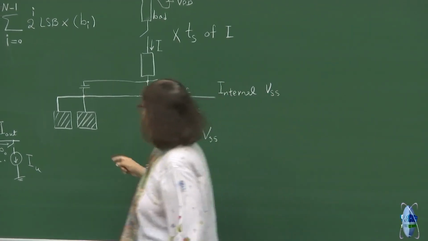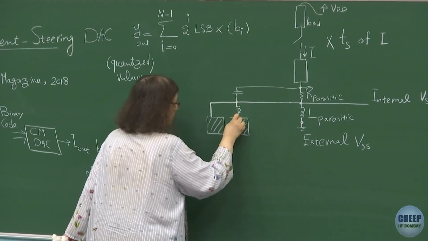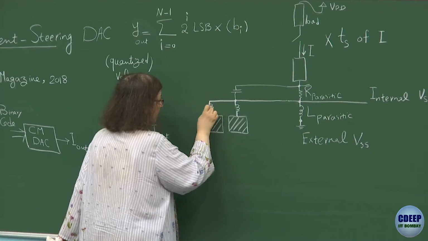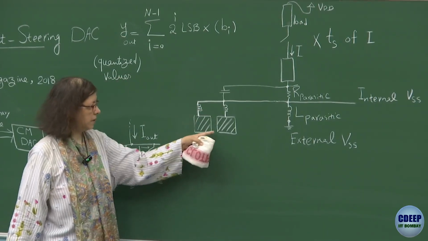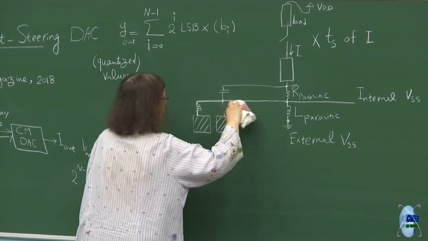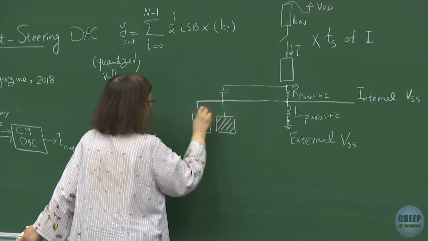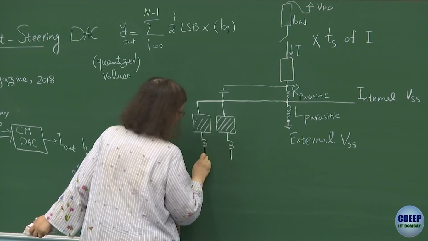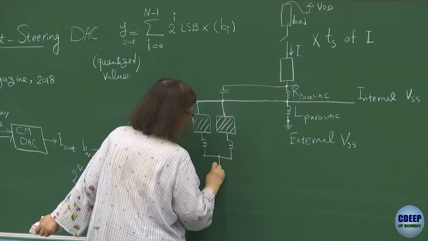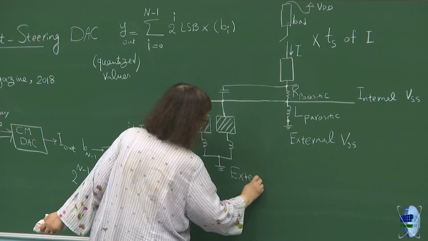In fact, here also you have this inductor. See, this inductor effect is because of the connection to the external VSS. Sorry, this is not here, this is the other side. It's here, and this is connected again to the external VSS on the board, for example.